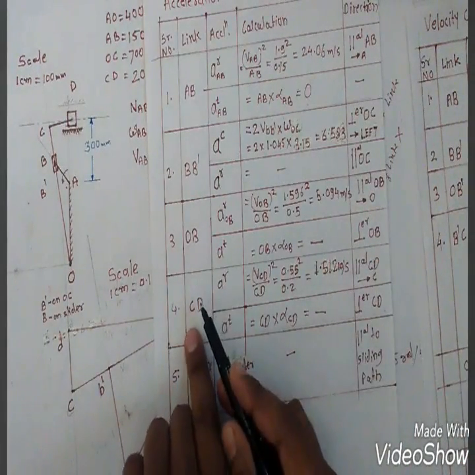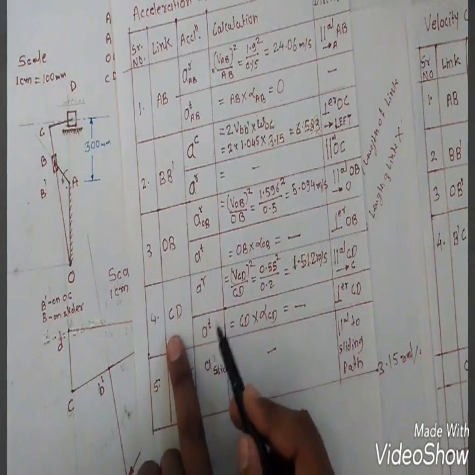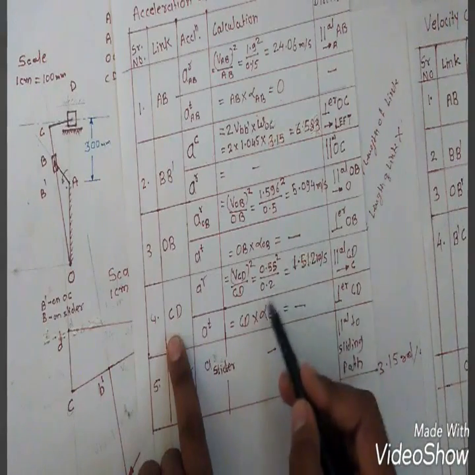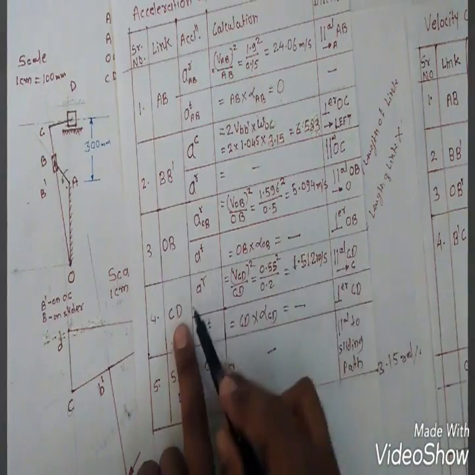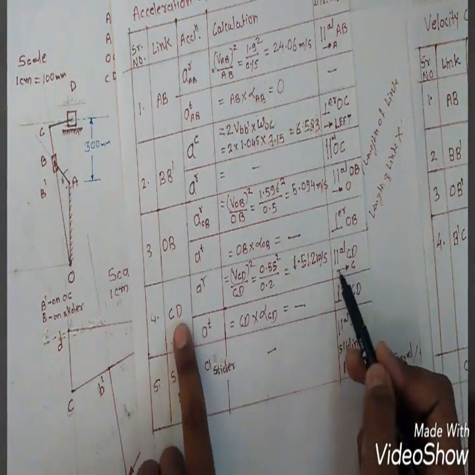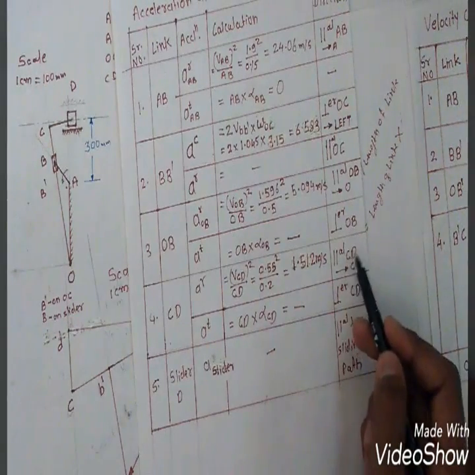For link CD, we are reading the same calculation for radial acceleration and tangential acceleration, velocity square by CD. The direction of radial acceleration is parallel to CD, towards C or D? Towards C, because C is the first point, we are reading this link CD.